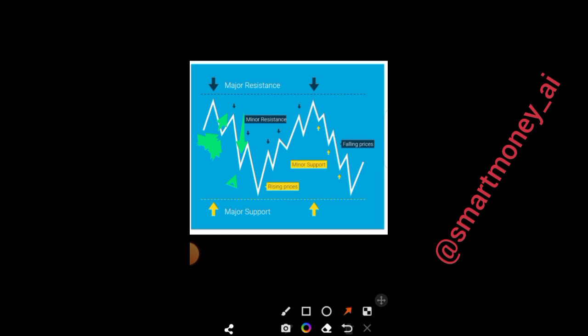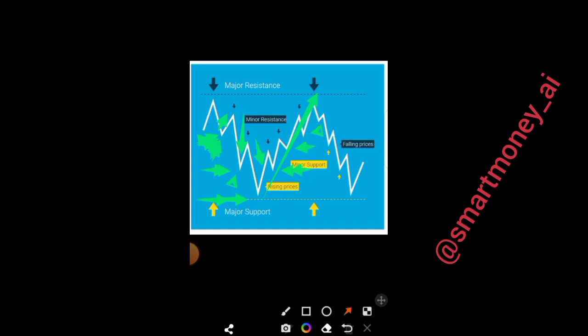Same thing applied here, but look at what happened here. When price reached here, it made a major turn all the way up here. So when price is coming down again, you can see we also have some support here which prevented price from falling. These are all minor support.